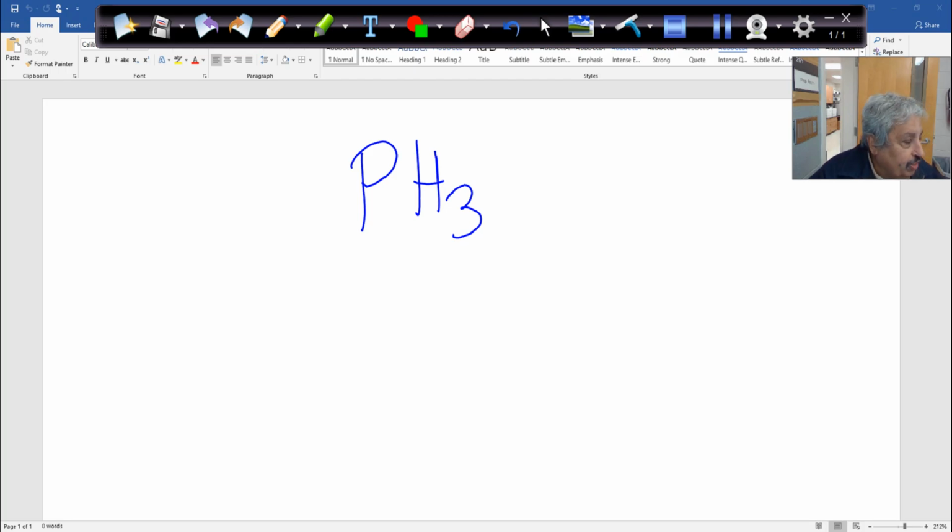PH3. Is it polar, non-polar? What is its shape? What type of shape? I mean, what's the shape? Tetrahedral. So we have to do what? The Lewis dot structure. So in the Lewis dot structure here, phosphorus has 5 what? Group 5 has 5 valence electrons. So this is one bond with hydrogen, this is one, this is one.